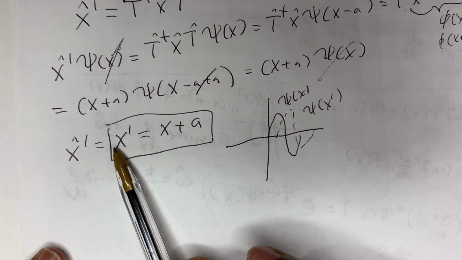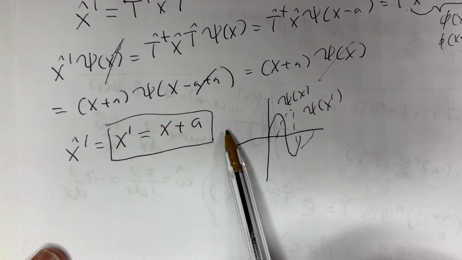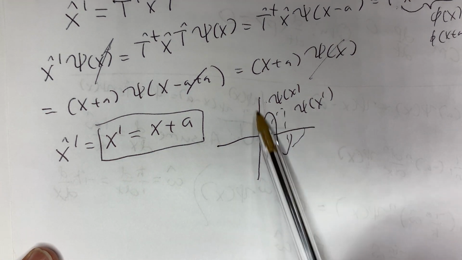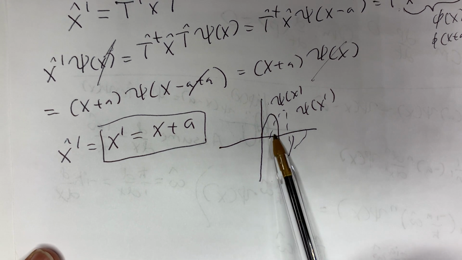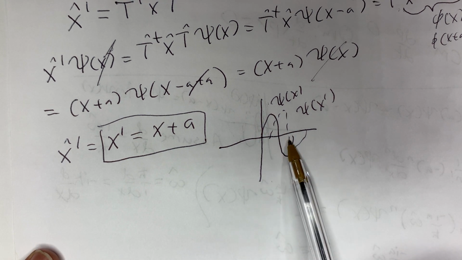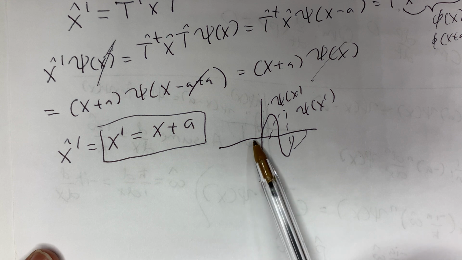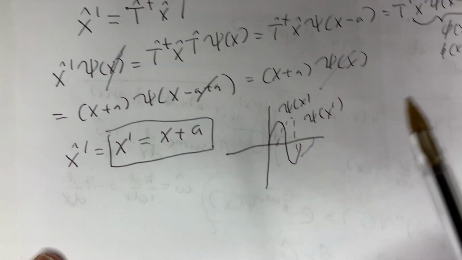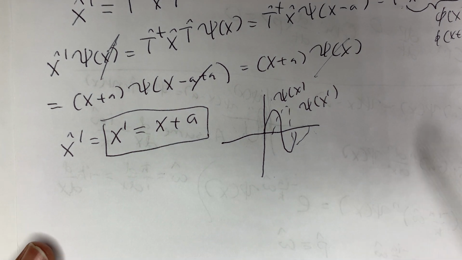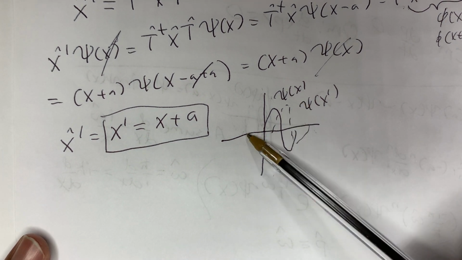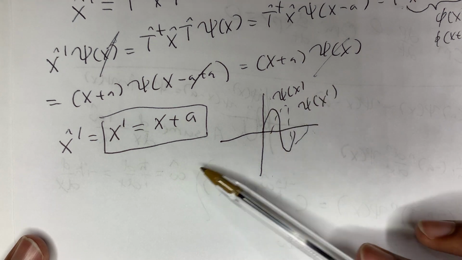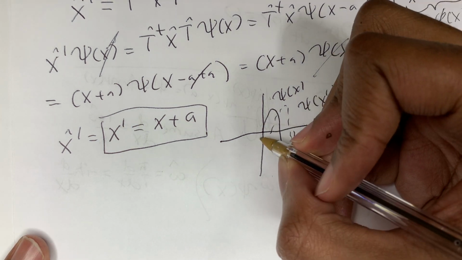So operating on the position operator actually corresponds to instead moving your actual coordinate system backwards by some amount a, so that it appears that your new function was shifted to the right by some amount. So it's equivalent to say that, instead of translating your function to the right by some amount, you're instead shifting your coordinate system backwards by some amount a.